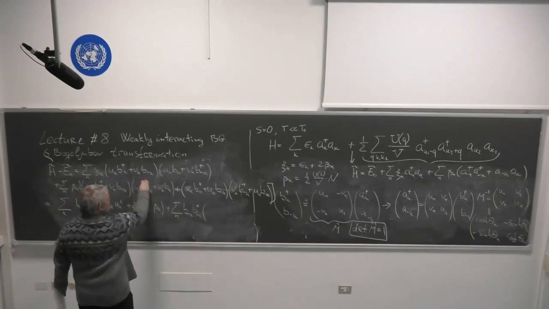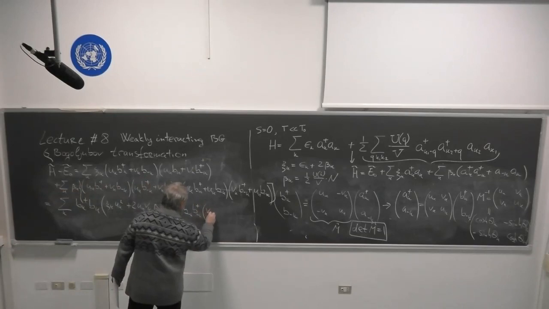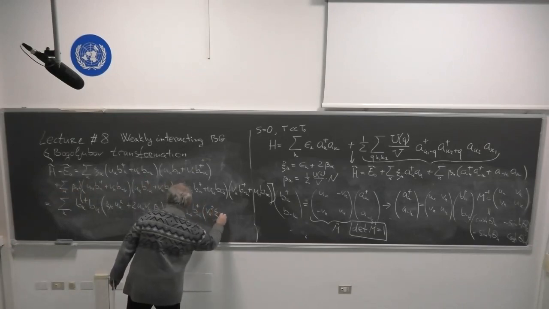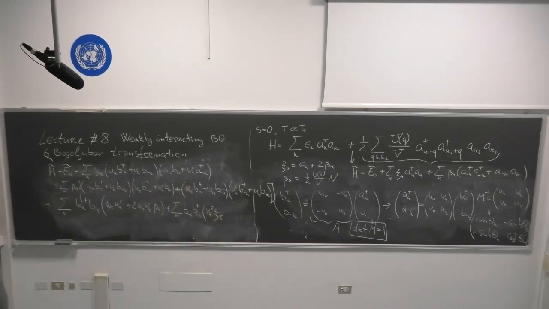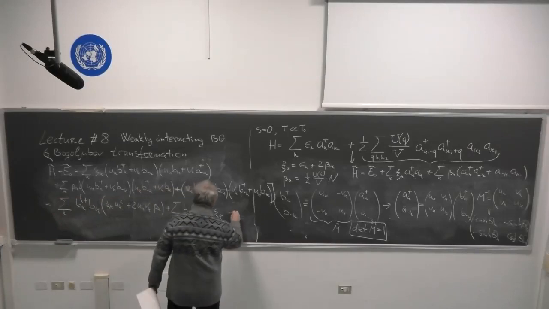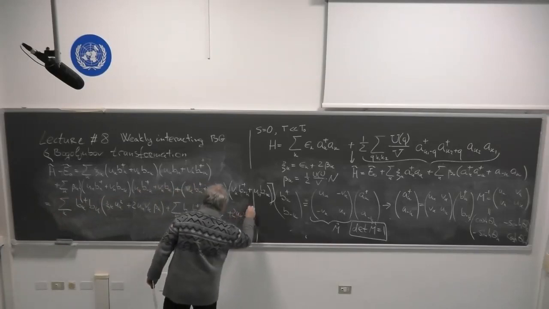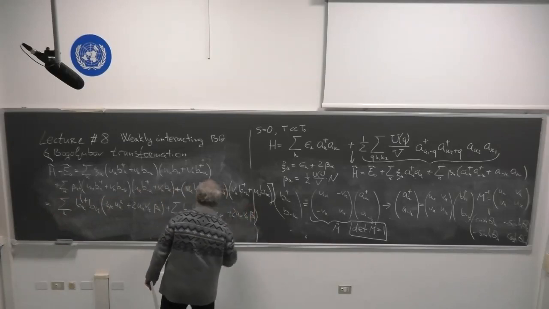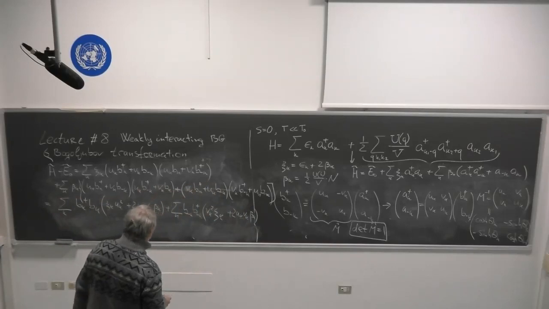From this term, I get VK squared psi K plus 2 UK VK beta K. So these are two diagonal terms.